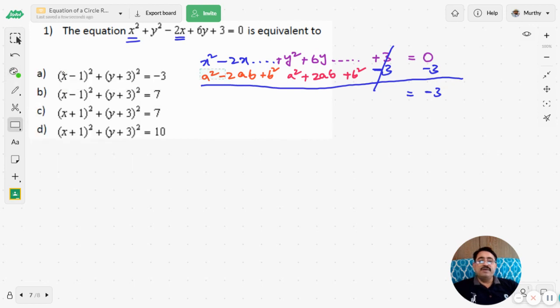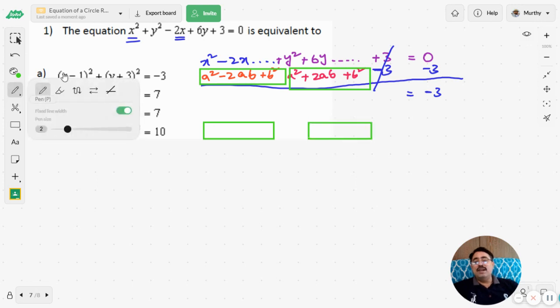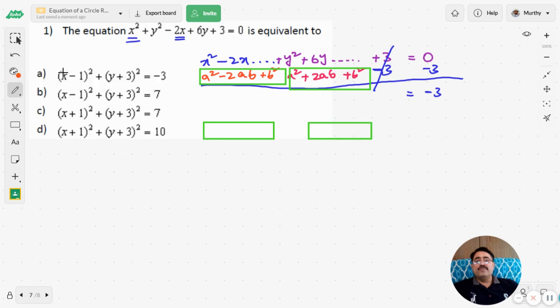So this is a square minus 2ab plus b square. This is a square plus 2ab plus b square. So how we are going to write, these two will be changed later to a minus b whole square, and this will be a plus b whole square.